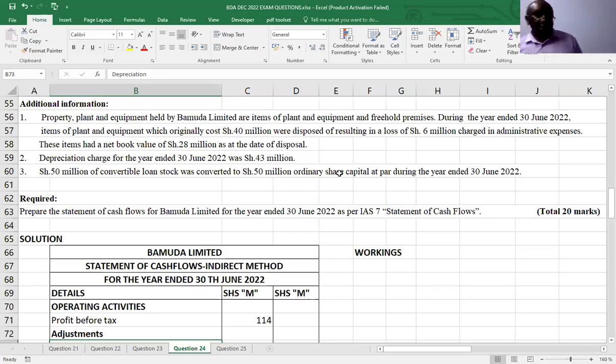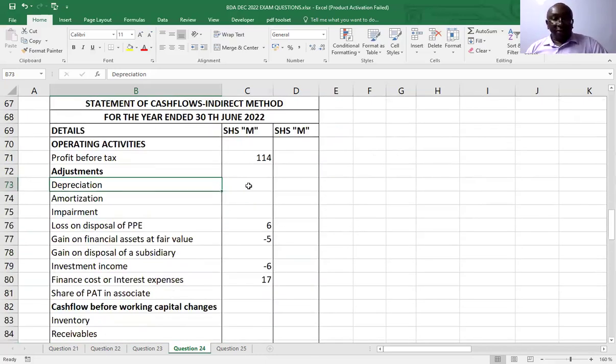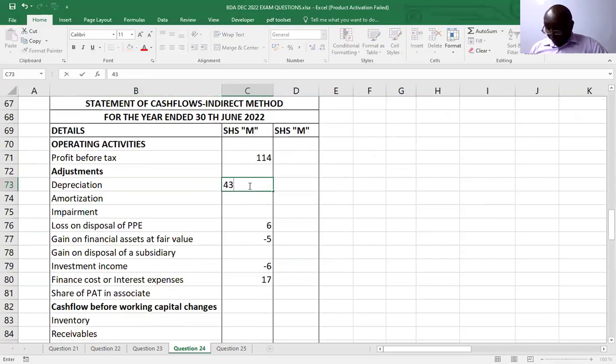Depending on whether it is an increase or a decrease, as you know from FR, it can either be a gain or a loss. So for depreciation here, the charge is an expense, so we are supposed to add it back. So you come here and type, because we have nowhere to pick it from. Amortization and impairment.